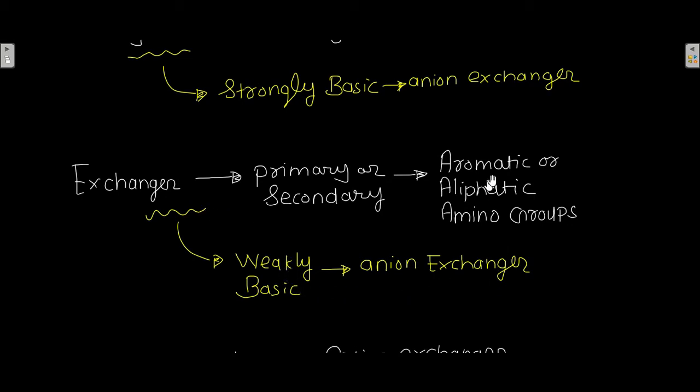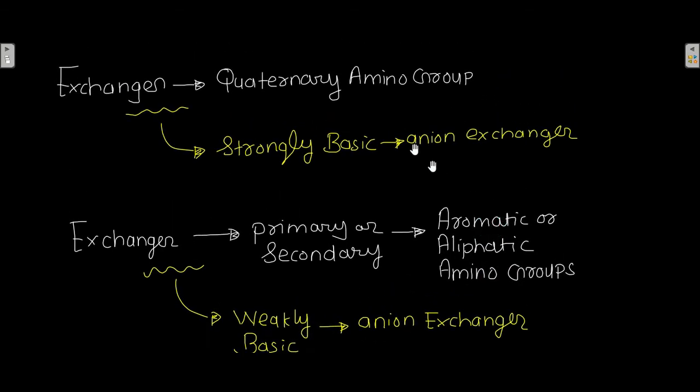If there is presence of these primary or secondary aromatic or aliphatic amino groups, then it will be a weak anion exchanger, and if there is presence of this quaternary amino group as the functional group in the exchanger, then that exchanger will be strongly anionic. We will call that a strongly anionic exchanger.